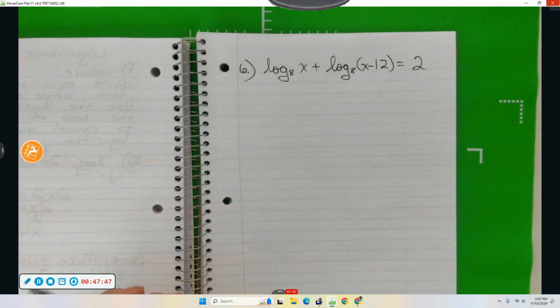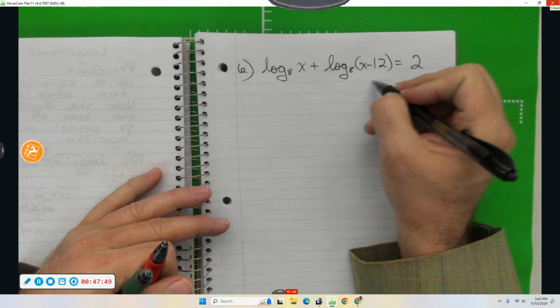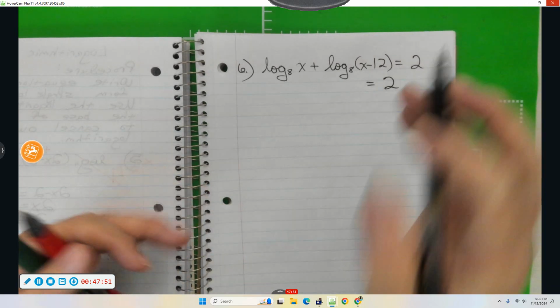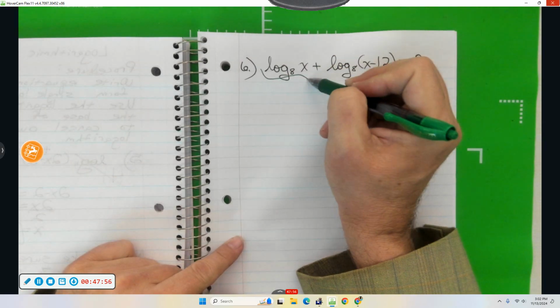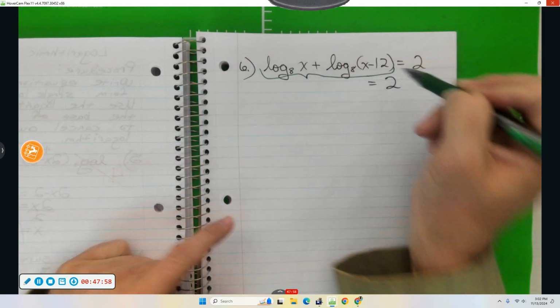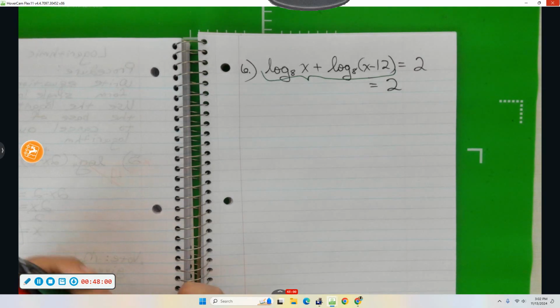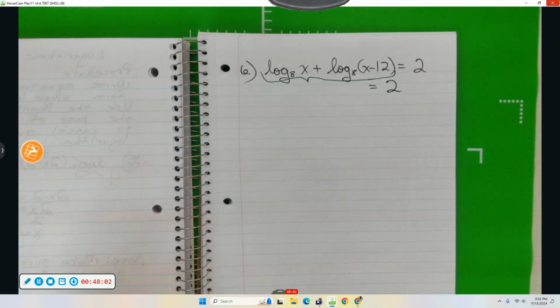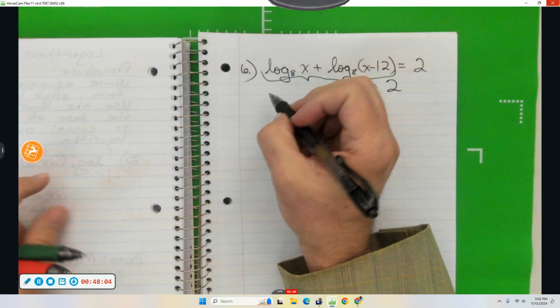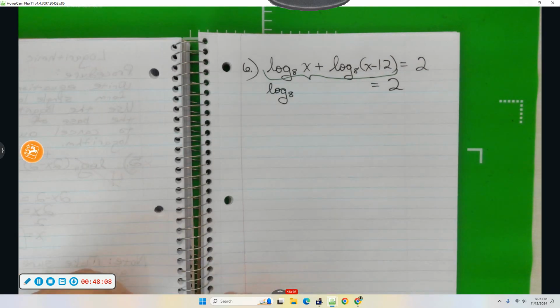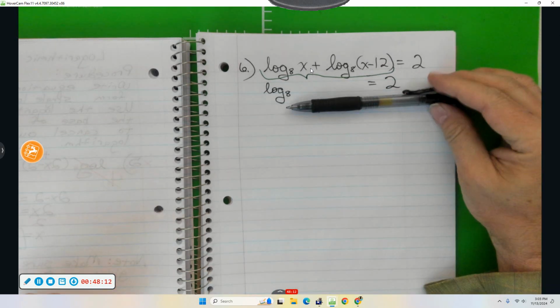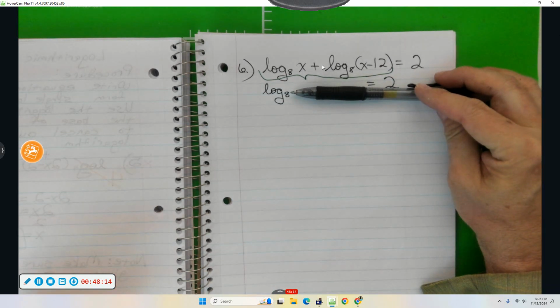The right-hand side will stay as it is, equals 2, but we need a single logarithm on the left. We have to write our log base 8. We're going to condense. What I normally ask when we're condensing logarithms is, do I need a fraction bar?